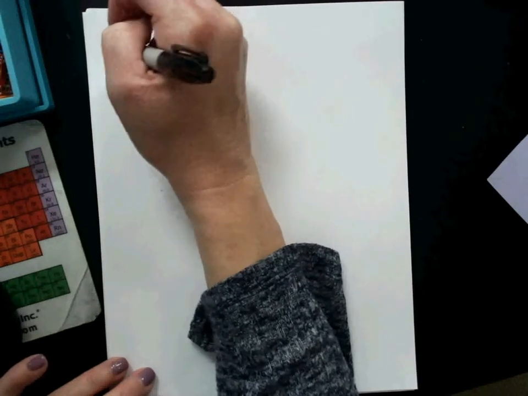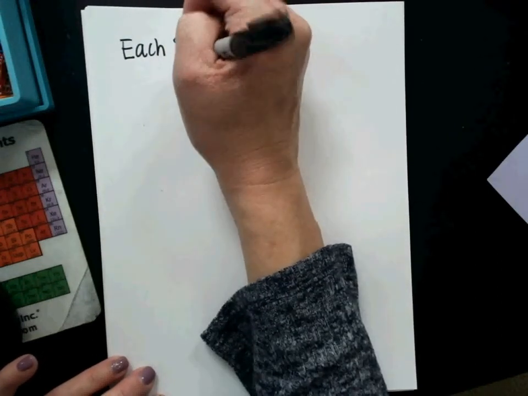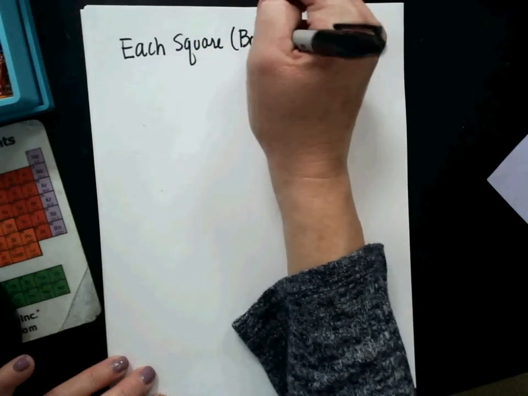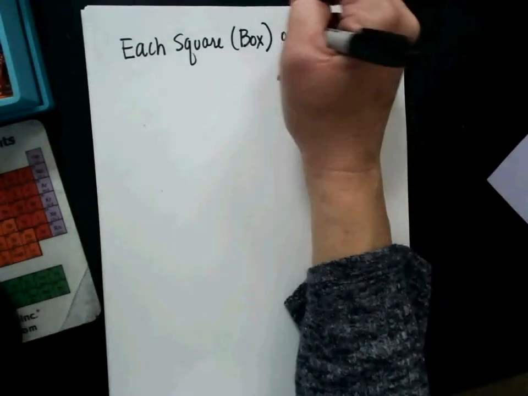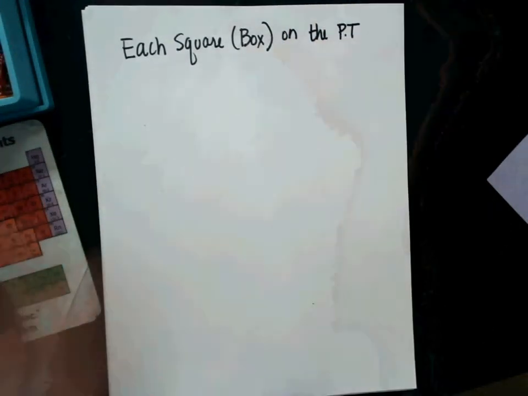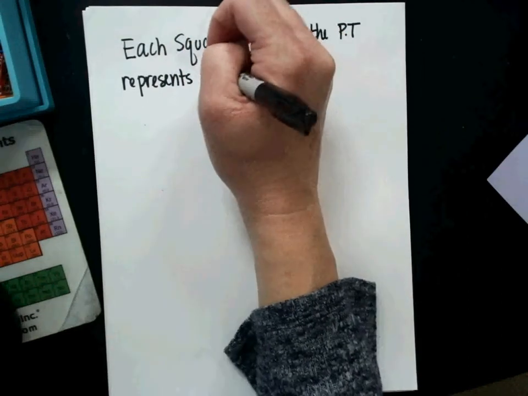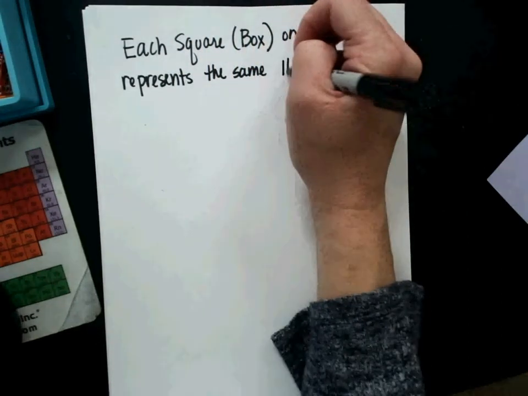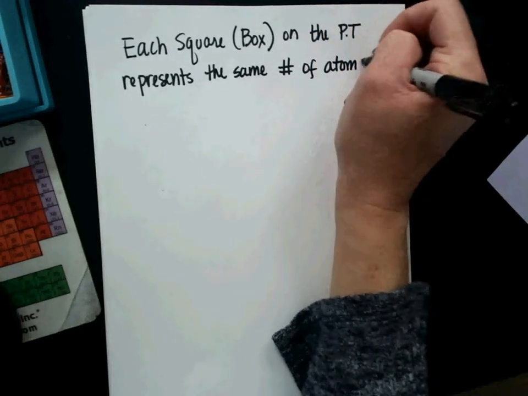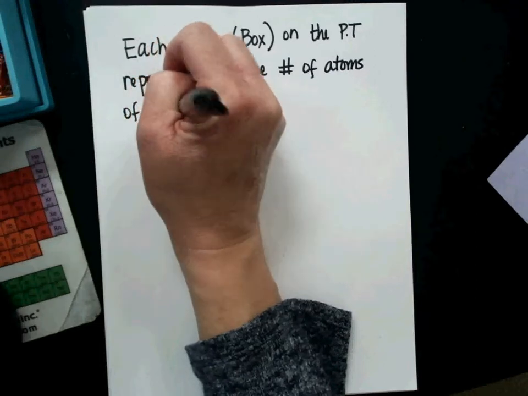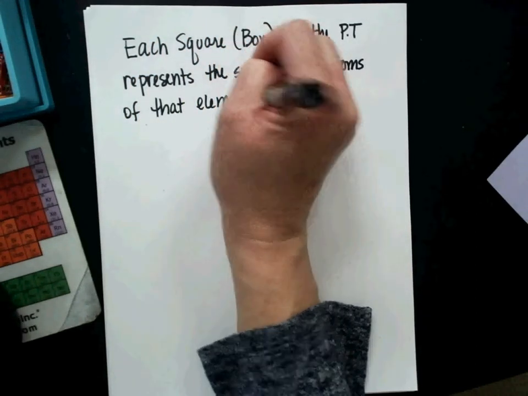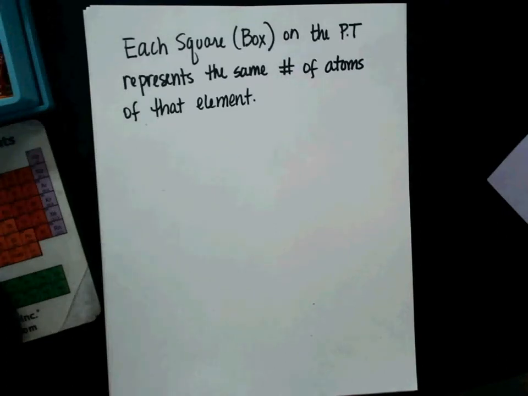Okay. So, as we're working with this stuff, each square or box on the periodic table represents the same number of atoms of that element.